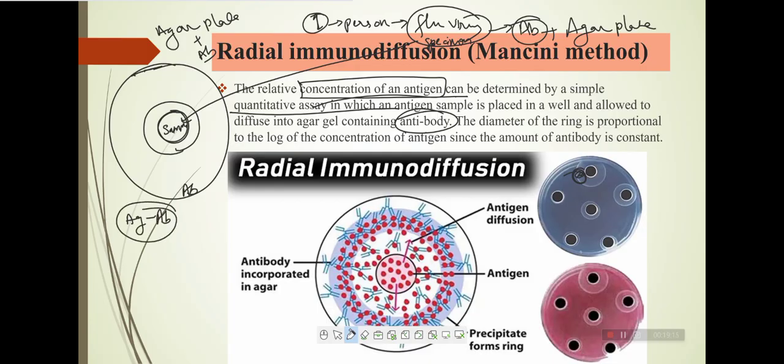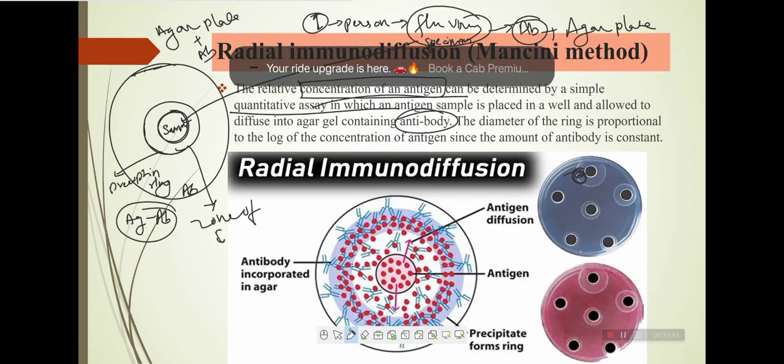After forming the complex, a precipitin ring is formed. This is a precipitin ring where precipitation takes place, and this is the zone of equivalence.